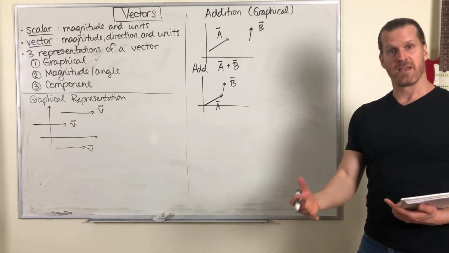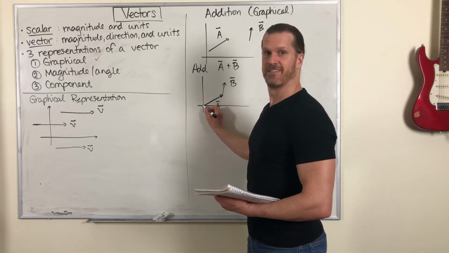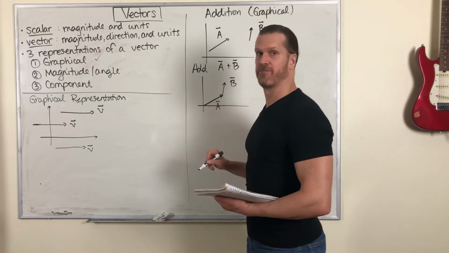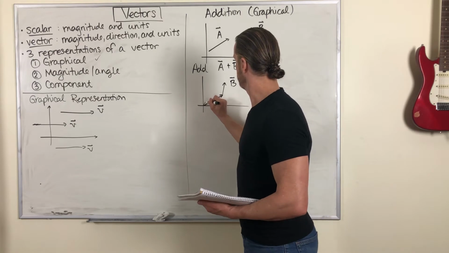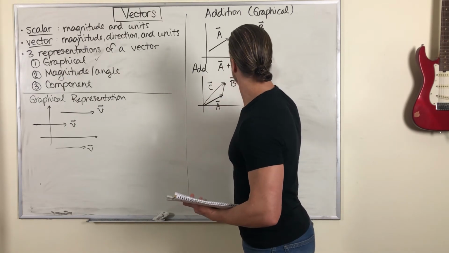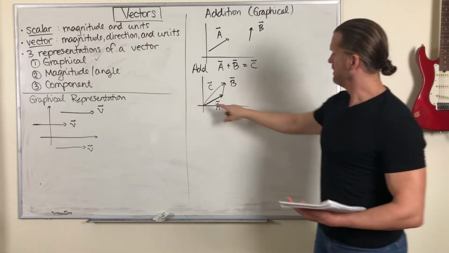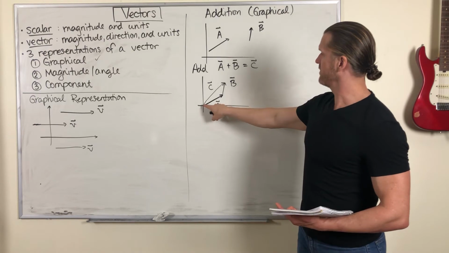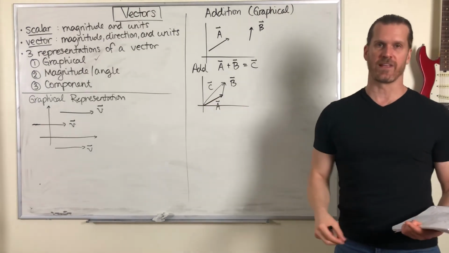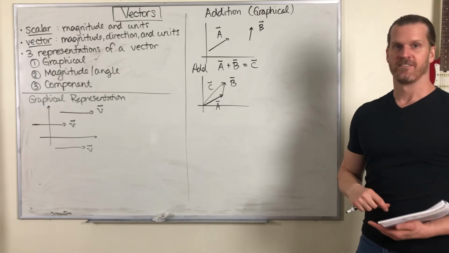Now the sum, A plus B, is the vector that connects from the start of A to the end of B. So let's call that vector C. Vector C connects the beginning of A to the end of B when you place A and B head to tail next to each other.